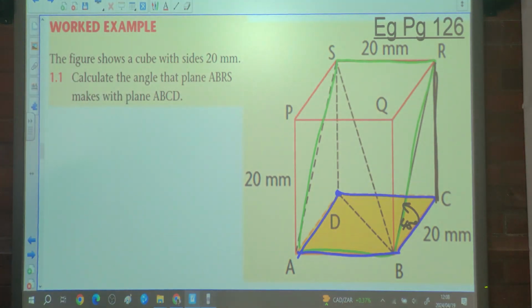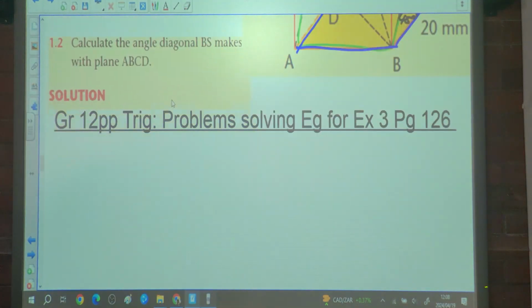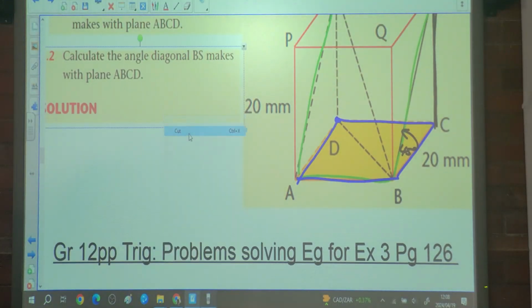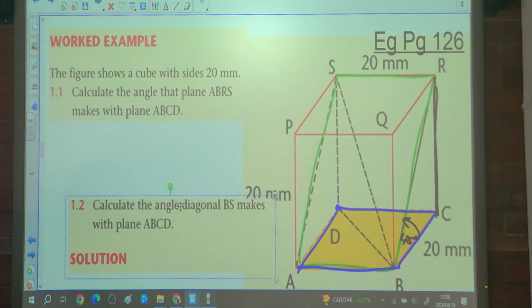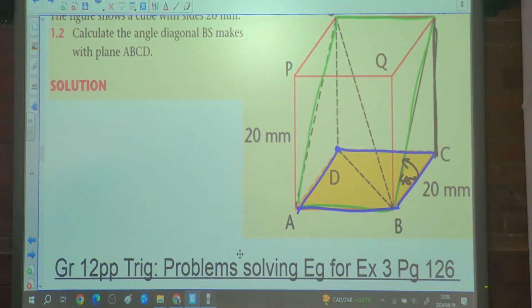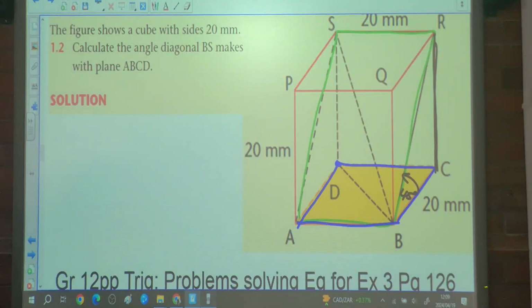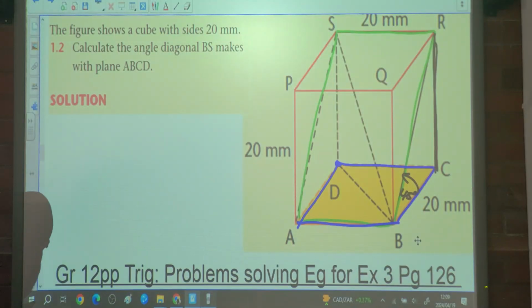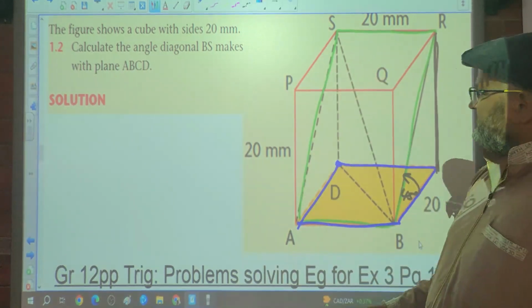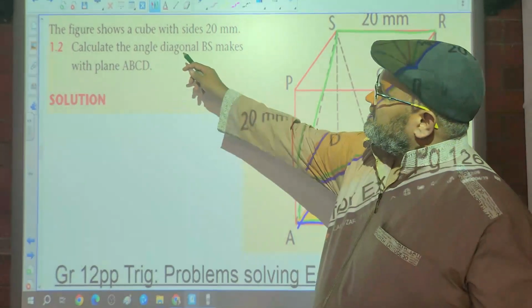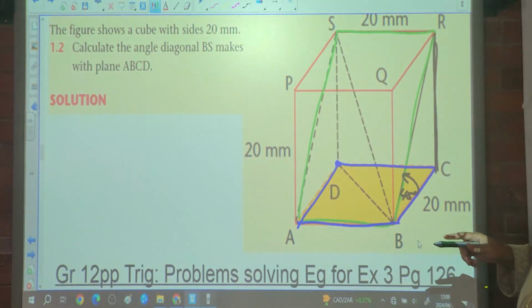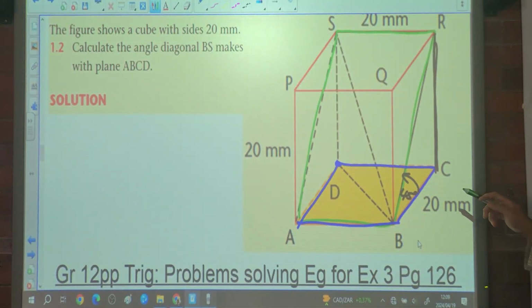Let's go to the next question. The next question says, calculate the angle the diagonal BS makes with plane ABCD. Now where's BS?